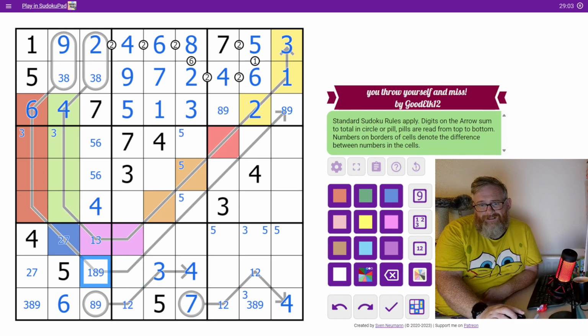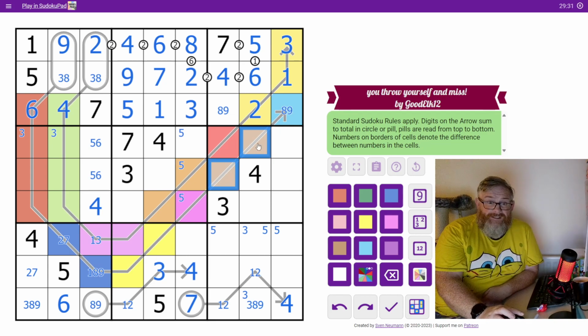So I like killer Sudoku, one of my favourite kinds of Sudoku, and that involves adding up numbers in cages, which is nice. That yellow. But again, we've got these different digits that share common, so that for instance can be 17, which is 8 and 9. That can be 17, which is 8 and 9.